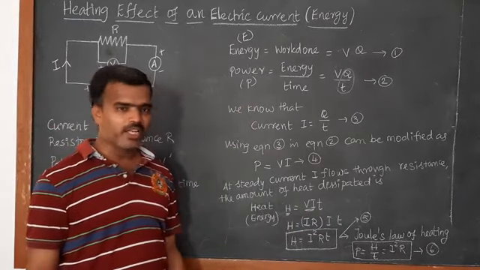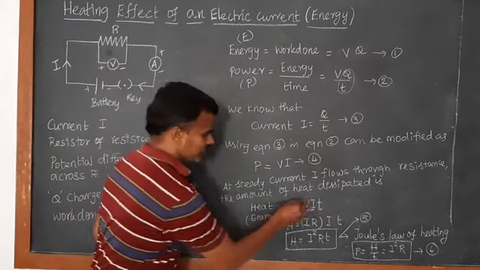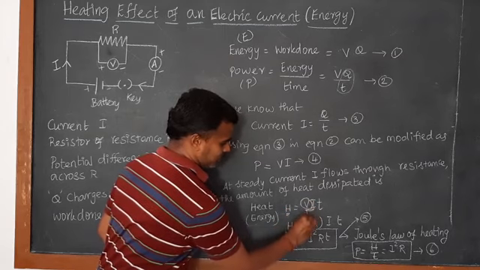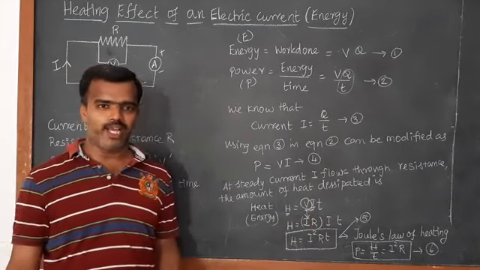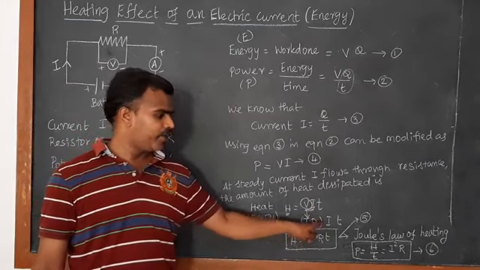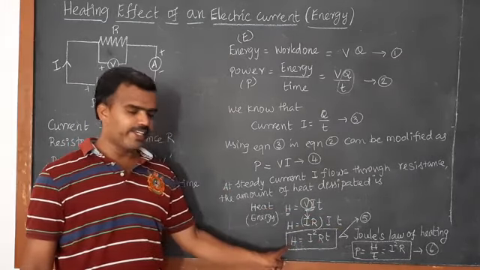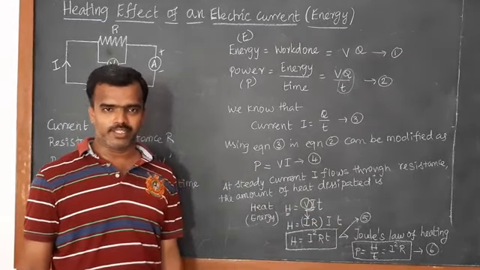According to Ohm's law, V is equal to IR. So instead of V, I substitute IR. So IR into I into T. Therefore I can write H is equal to I square RT.